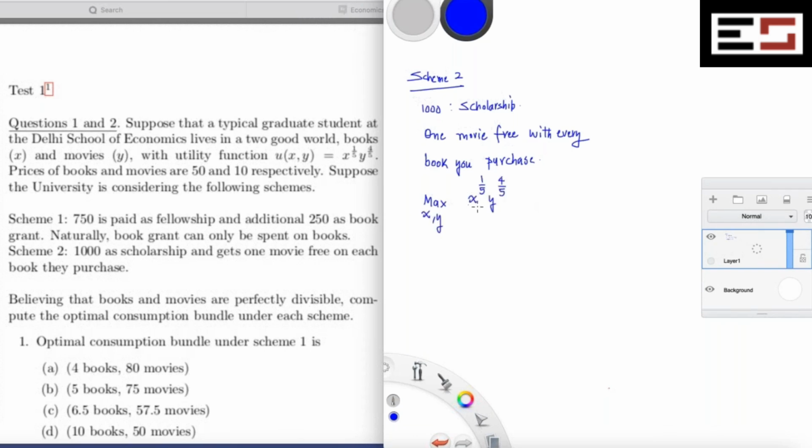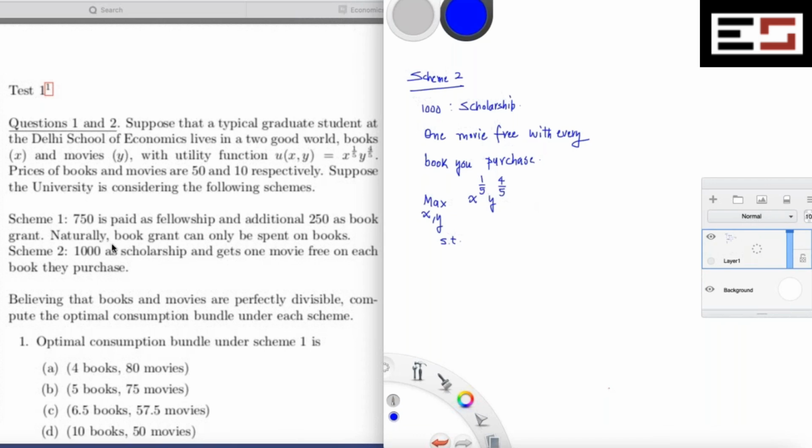Notice that X here is the amount of books consumed, and Y is the number of movies consumed. So the first is your budget constraint, which says that expenditure cannot exceed 1,000.